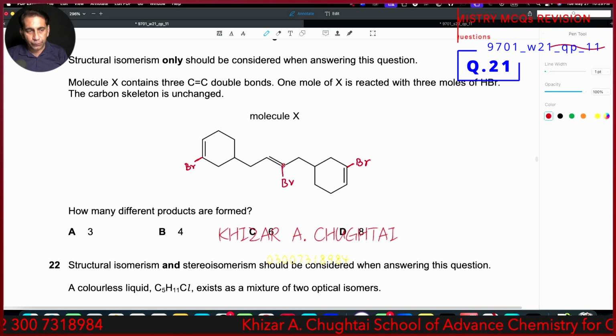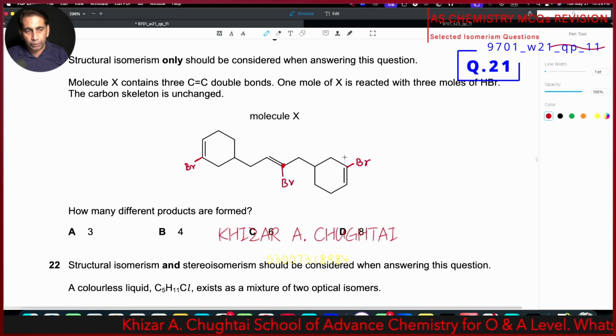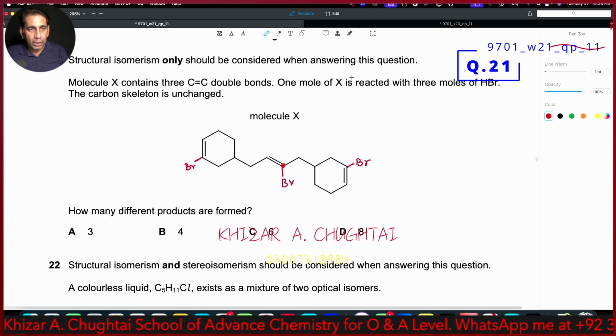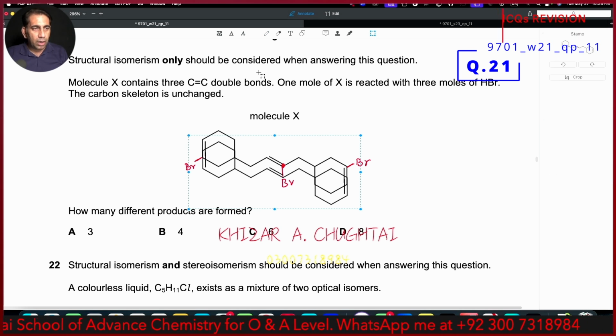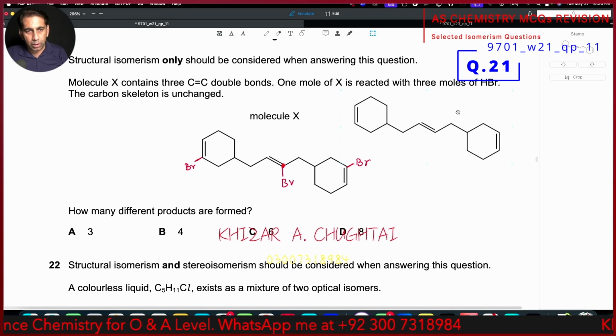In both cases, from this Br, which is, for example, a central point, both Brs are lying at the lowest numbers. Now come to the next one. I'm going to draw another structure.